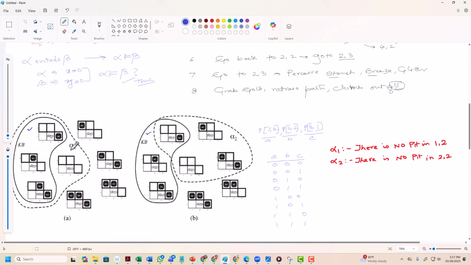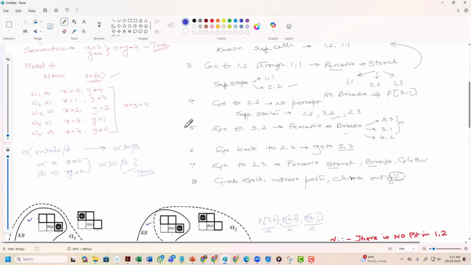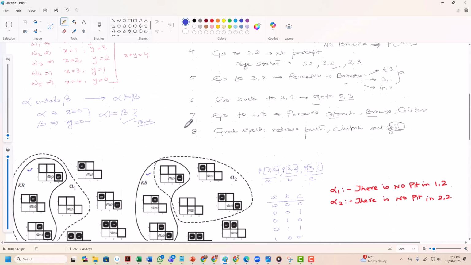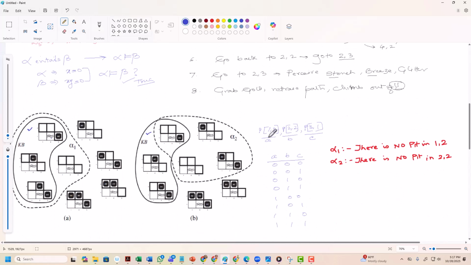So now the agent needs to decide what is the next feasible step to go. We already discussed that the agent is interested, among other things, to know whether the adjacent squares like 1, 2, 2, 2, and 3, 1 contain any pits. 1, 2, 2, 2, and 3, 1 are this, this, and this.